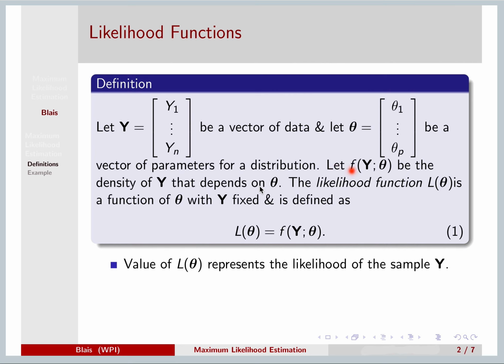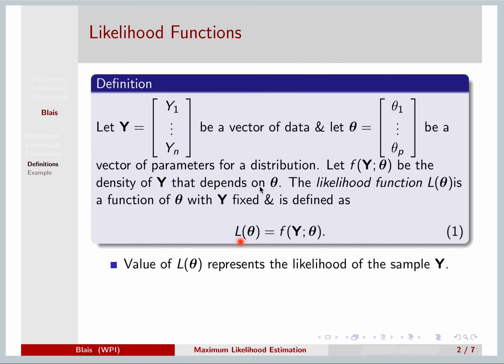If f is the density of y, and it depends on theta, then we define the likelihood function, L of theta, as a function of the parameters theta with the data y fixed. The observations are fixed.